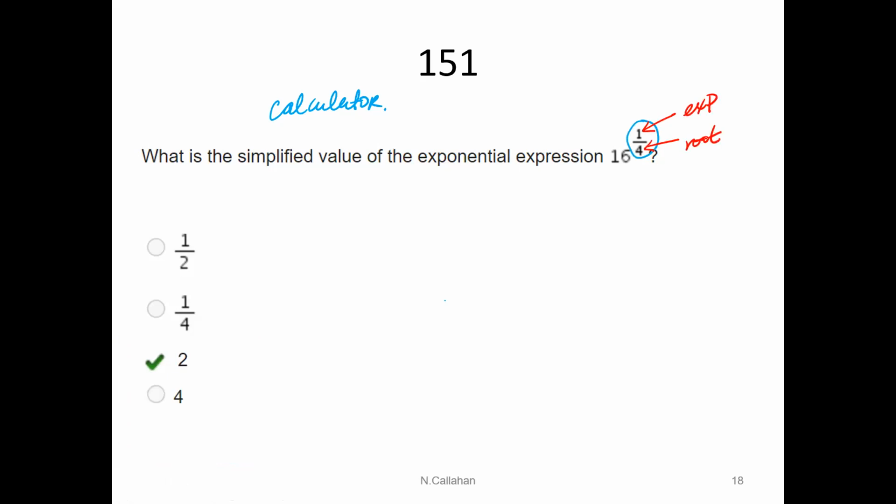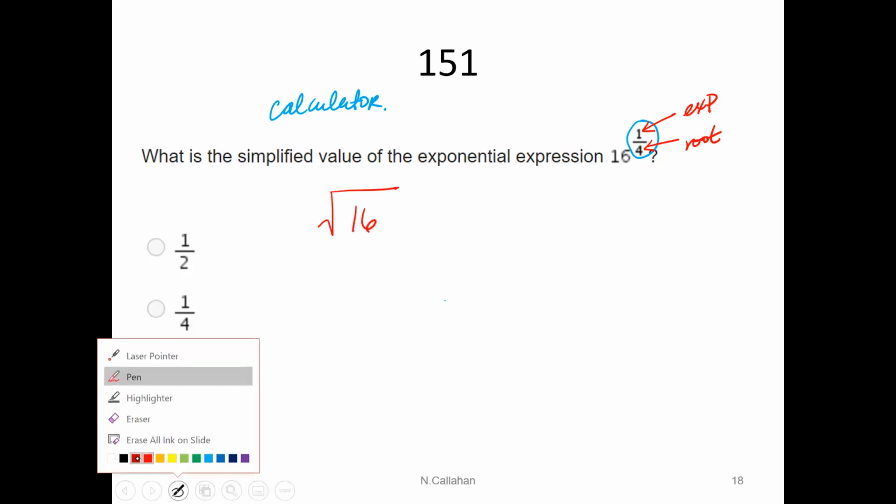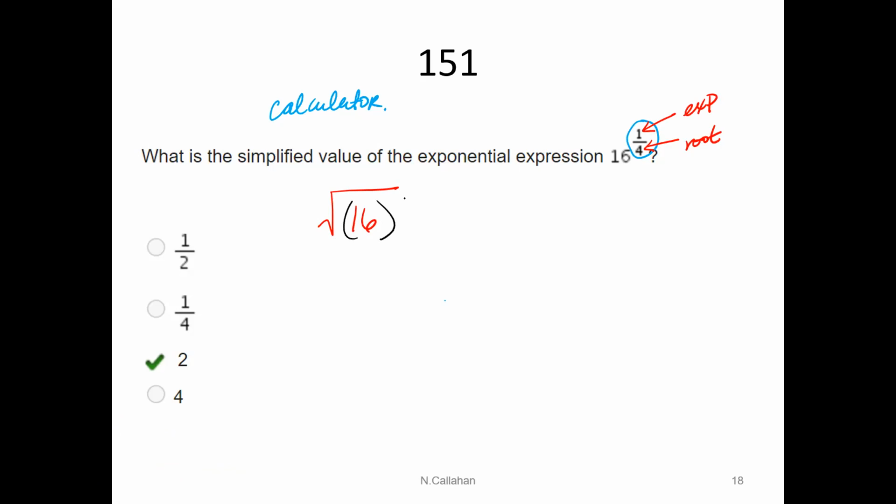Bottom part here is the root, okay? And generally how this works is that you're going to have a square. 16 goes on the inside of that. Your exponent is 1. That's the exponent. Your root is going to be right here, and that root is 4. Do you guys see the 4 right there?